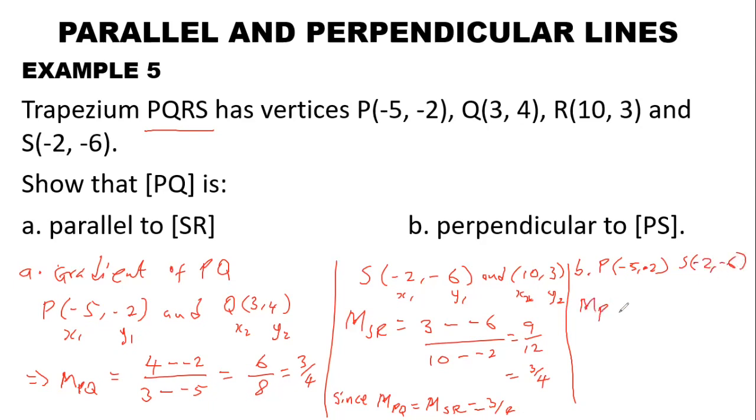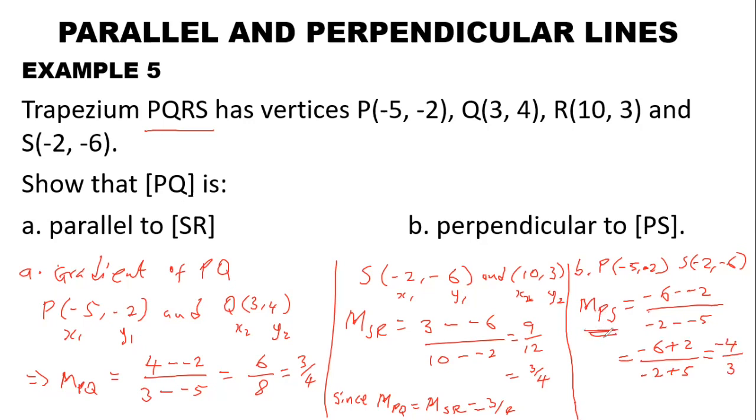The gradient of PS is equal to (-6 - -2) over (-2 - -5). Negative will change to positive. So this is equal to (-6 + 2) over (-2 + 5), which is equal to -4 over 3.